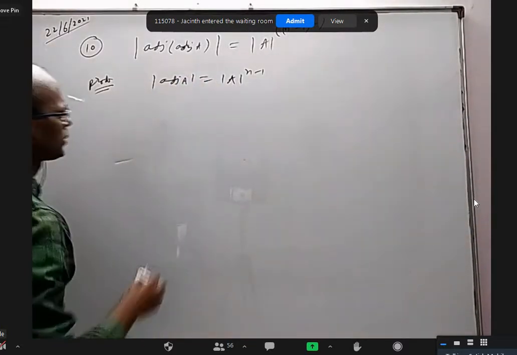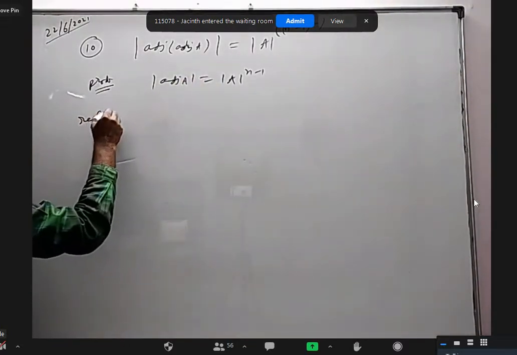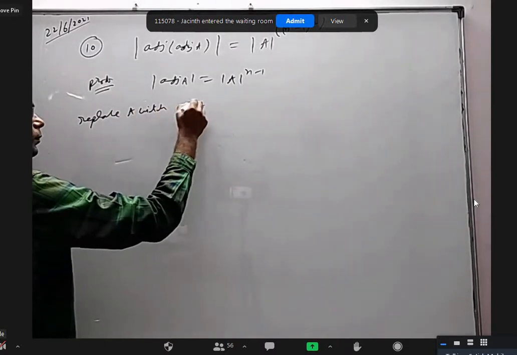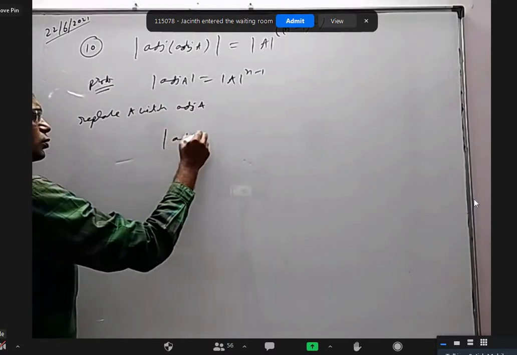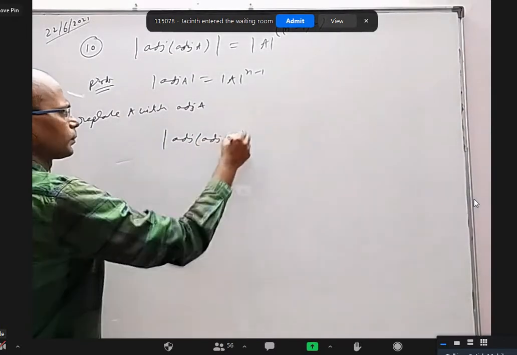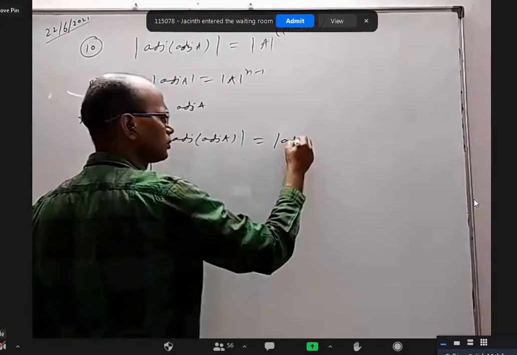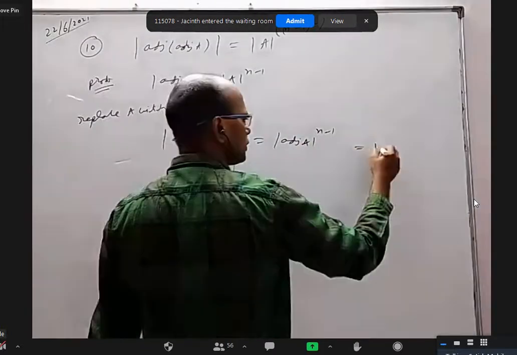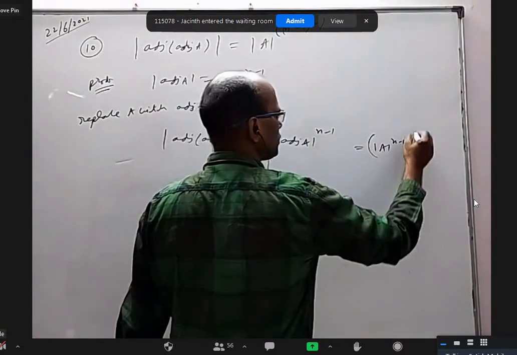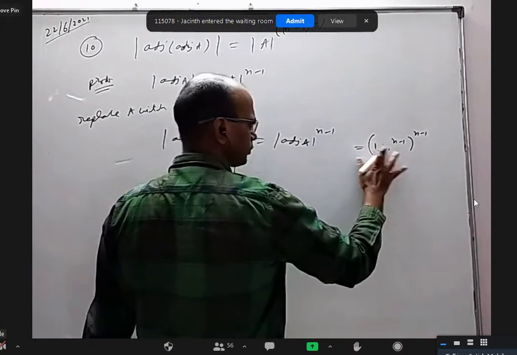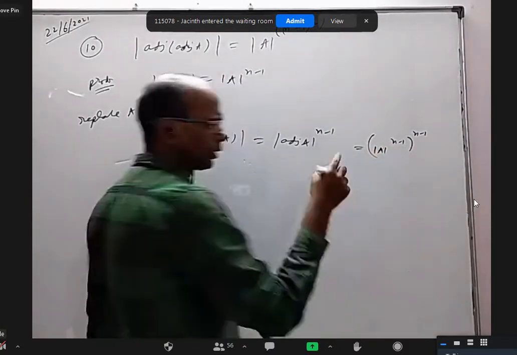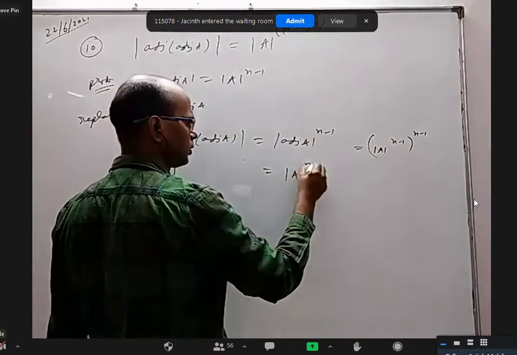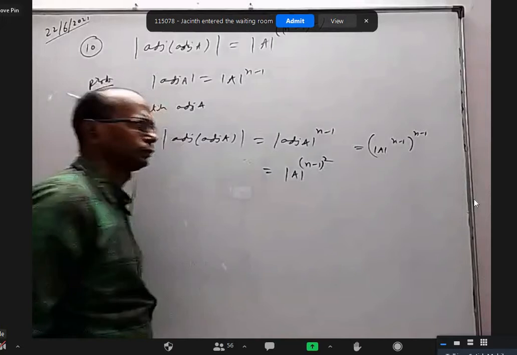Simply replace A with adjoint A. So you'll get det of adjoint A equal to det of adjoint A power n minus 1. But this itself is det A power n minus 1, whole power n minus 1. A power m whole power n is A power mn. So you will get det A power n minus 1 whole square.